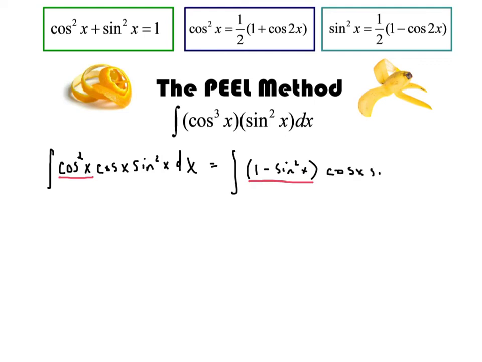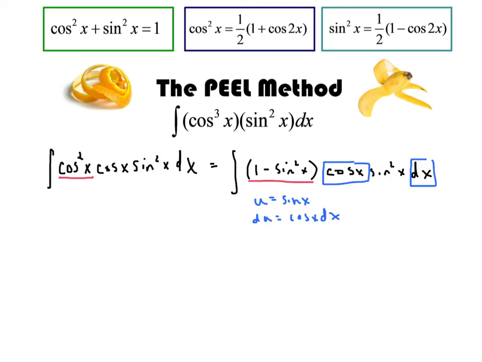I still have a sine squared dx. But take a look at this. Let's make u equal to sine. So du is cosine x dx. So I'm going to be able to take out all of this with just a du.